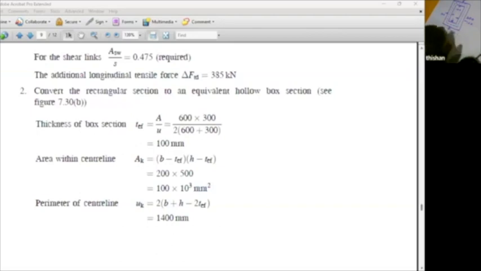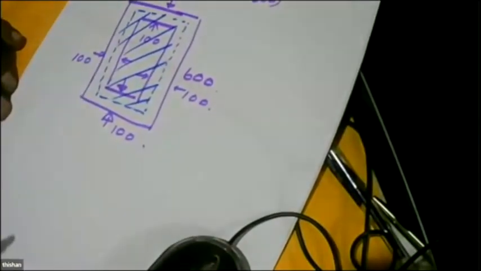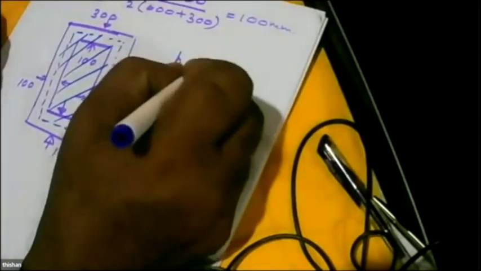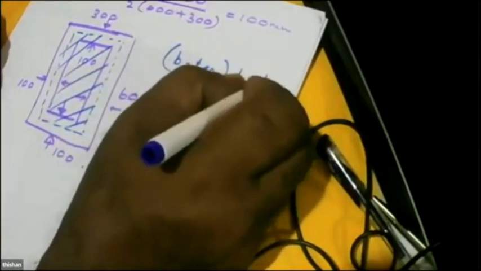So area of concrete Ak is from the perimeter. If I stop share, Ak is this area, and that area is (b minus t effective) times (h minus t effective).